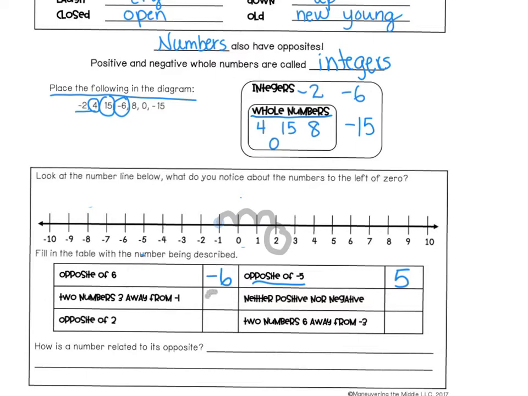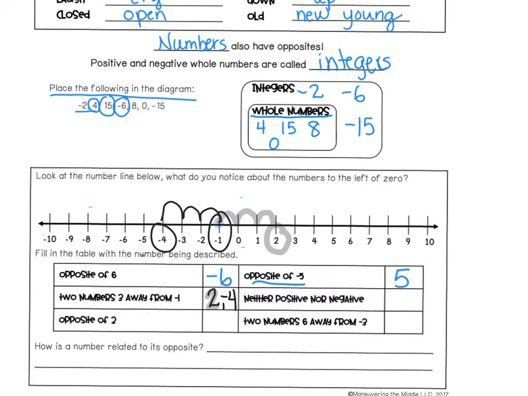So +2. Sorry, I'm having technical difficulties here. Got to get the right pen out. Okay, so +2. And then another number that would be 3 away would be 1, 2, 3, would be -4. So both of those numbers are 3 away from -1. Here's -1 in the middle of those two.